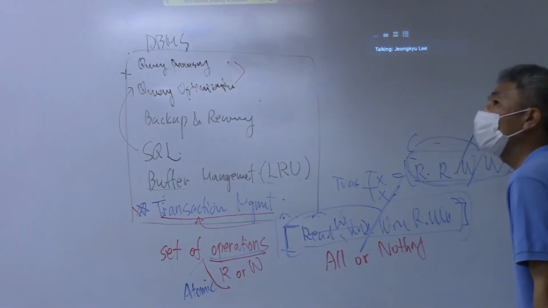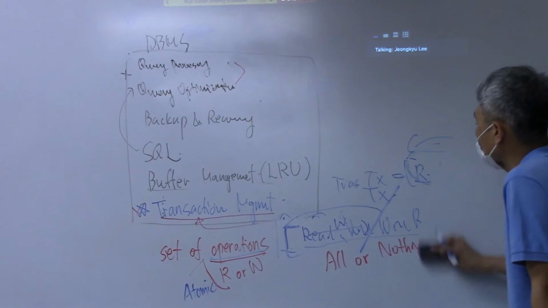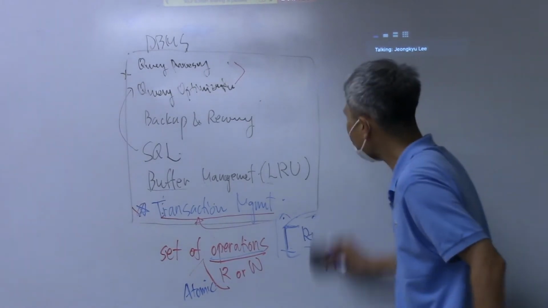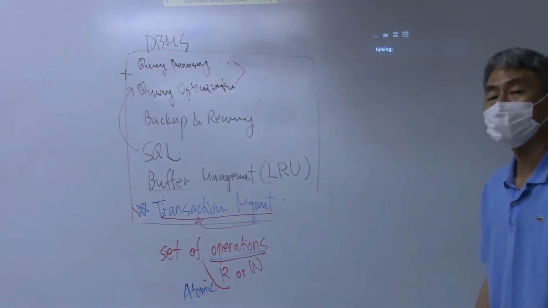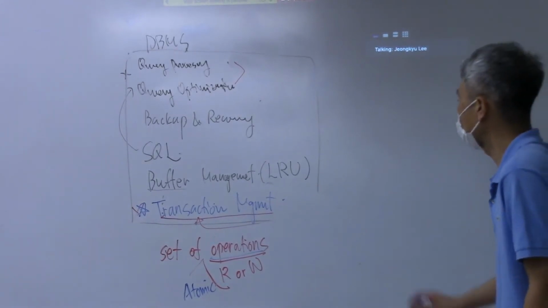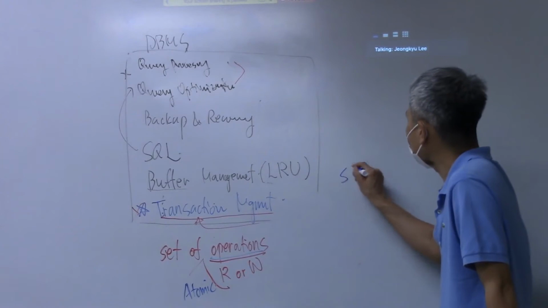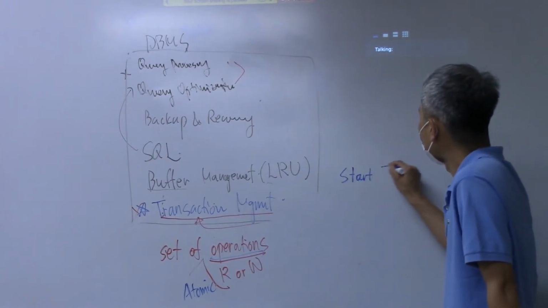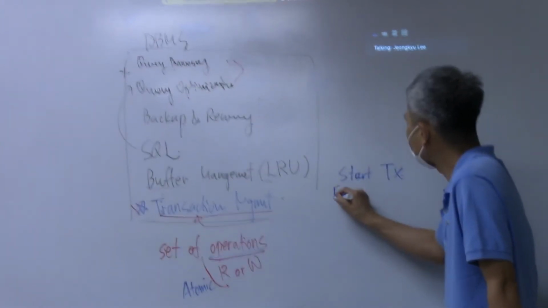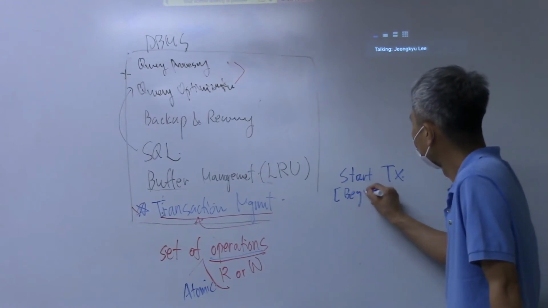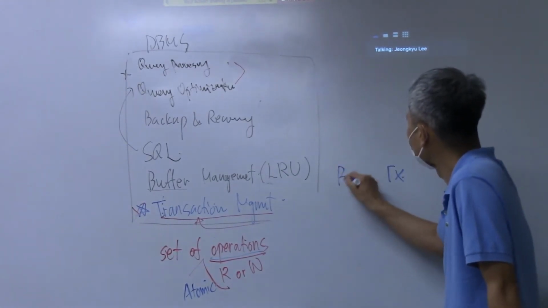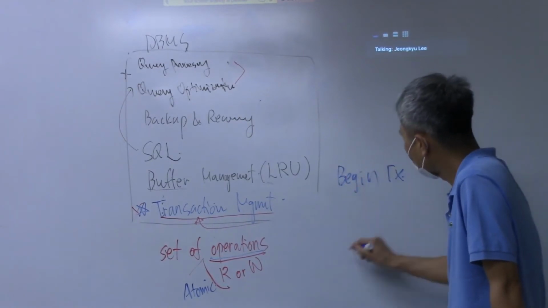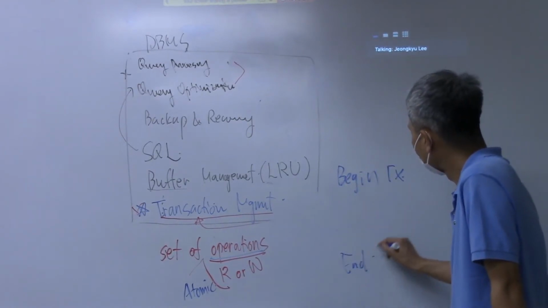Then, how can we implement such a transaction in the database? That's the reason we learned about transaction statements. We can start the transaction: start transaction, or sometimes begin. Begin is more popular, so begin transaction. Then end transaction.